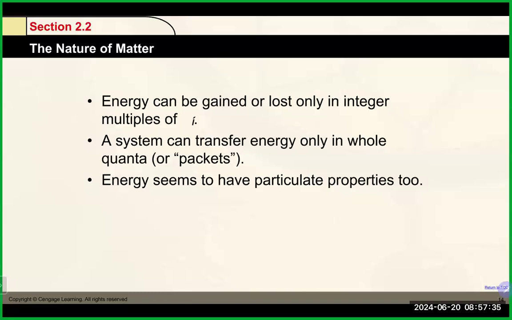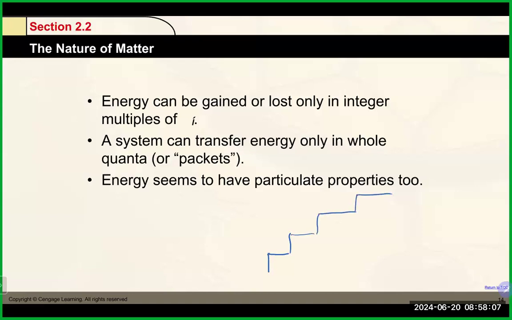The idea here is that particles like electrons will essentially either gain or lose enough energy to fully transition from one energy level to the next. That's the idea of quantized energy, packets of energy, basically. And you could think about it like stairs, for example.